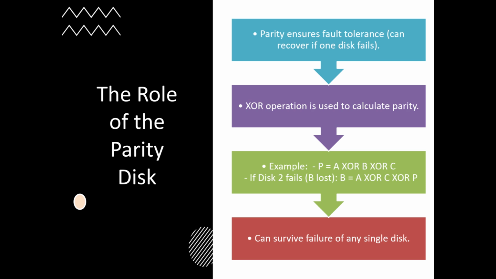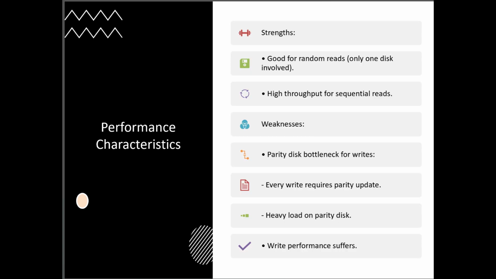If any one disk fails and we lose any one of these blocks, it can be reconstructed using the remaining blocks and the parity block. Say if we lose B, B can be recalculated as P XOR A XOR C. So this gives RAID 4 the same fault tolerance as RAID 3, that is, it can survive failure of one disk. Let's see the performance characterization of RAID 4.